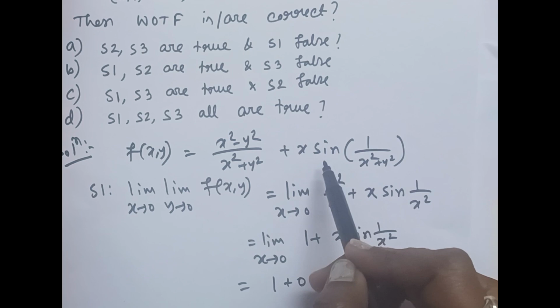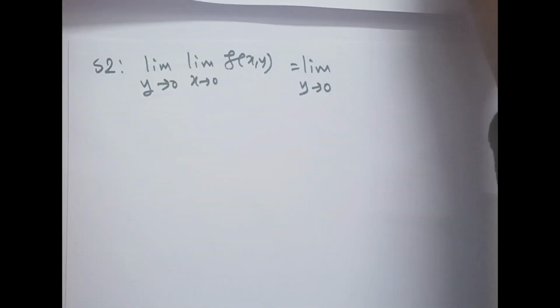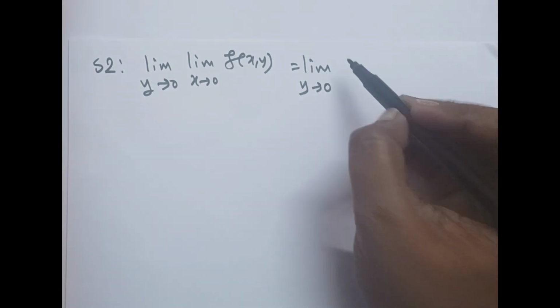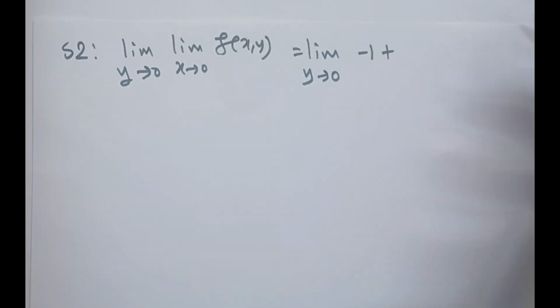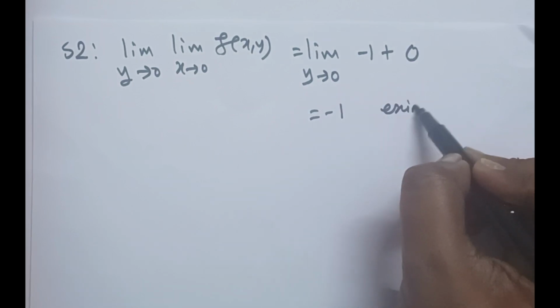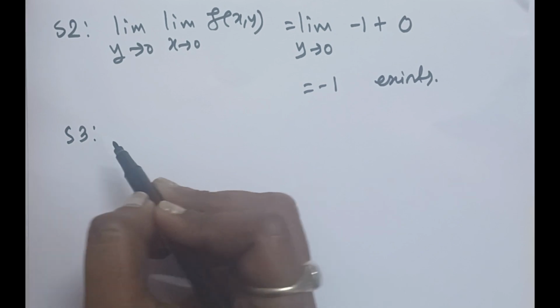We can cancel those, so that will be minus 1, and the second part will be 0, because when x tends to 0, x sine 1 by x square is 0. So this is minus 1 and hence the limit exists finitely. So statement 2 is also correct.